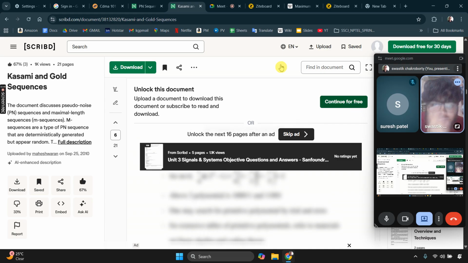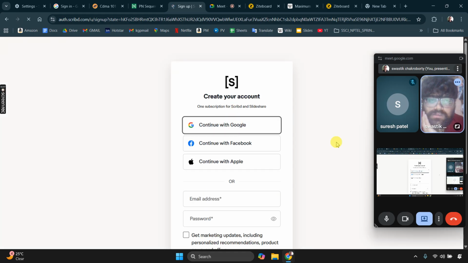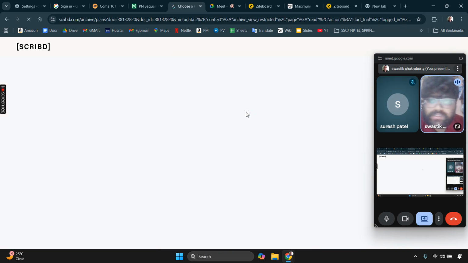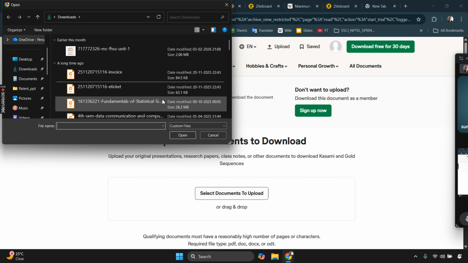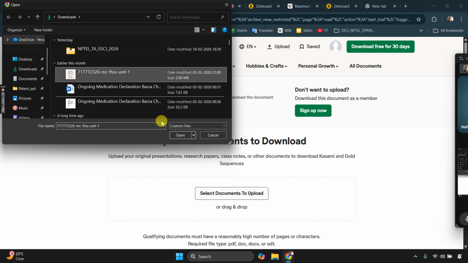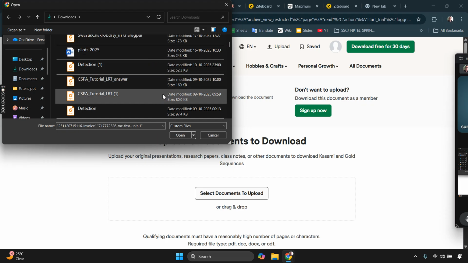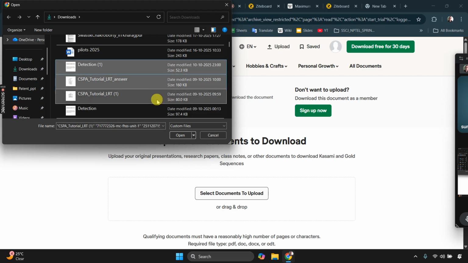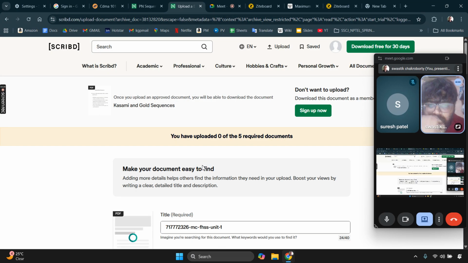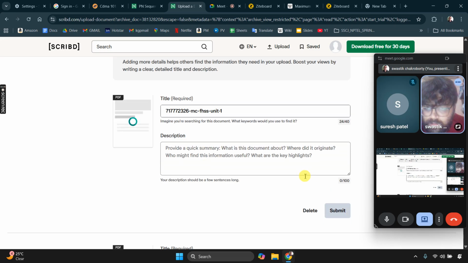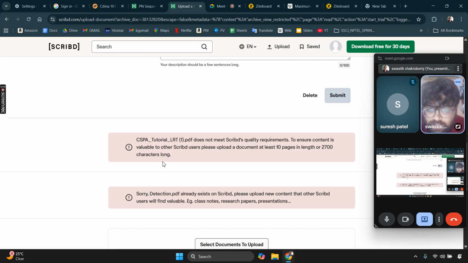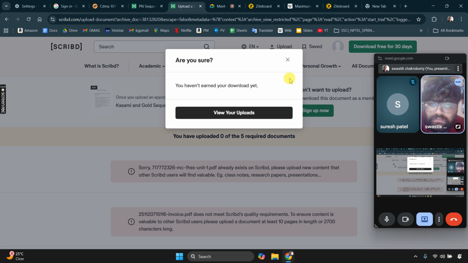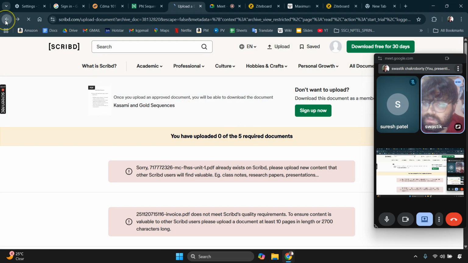I will just unlock this document, or else every 2 seconds this advertisement will come. Give me 2 minutes.